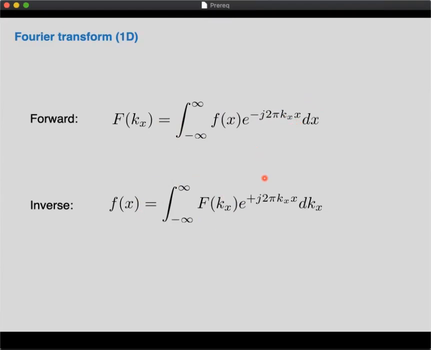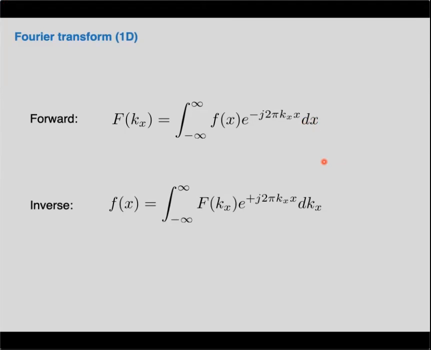So actually, what will be the units of k? 1 over whatever the units of x are. Nice, smart. Yes, it's 1 over whatever the unit of x. So if x is seconds, then kx would be hertz. Yeah, hertz.